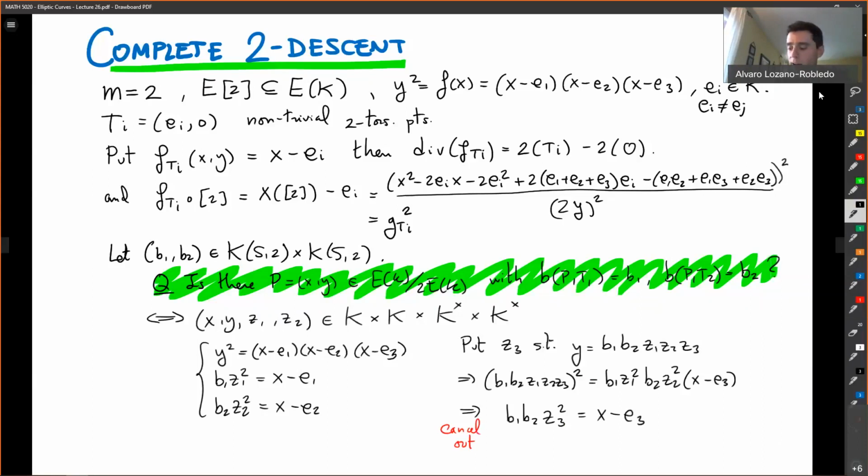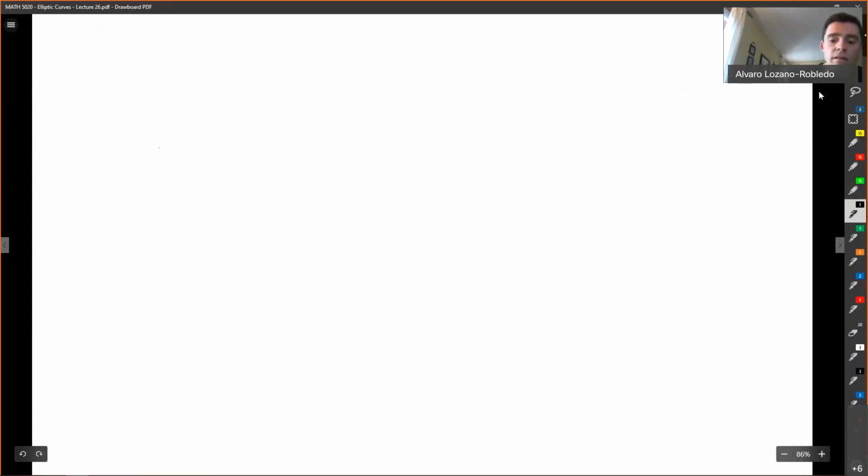So that gives you actually a simpler equation, or simpler to remember anyway, which is b1 z1 squared equals x minus e1, b2 z2 squared equals x minus e2, and b1 b2 z3 squared is x minus e3.